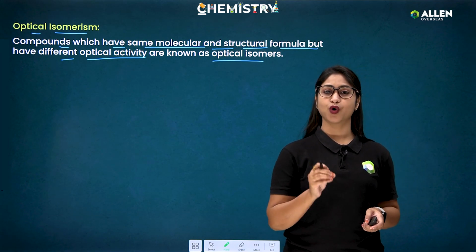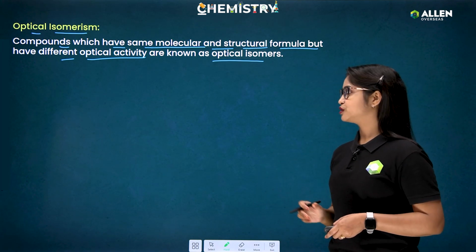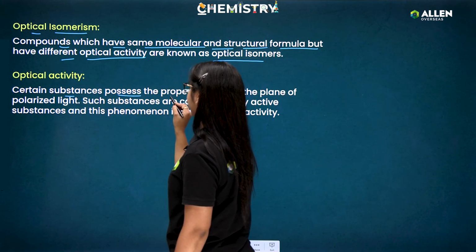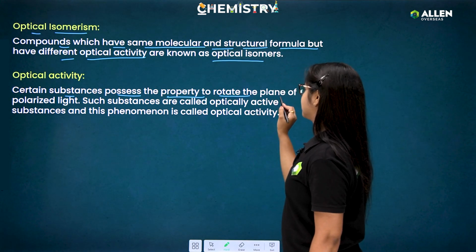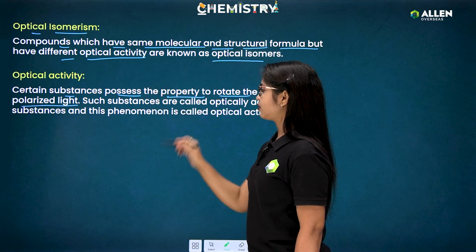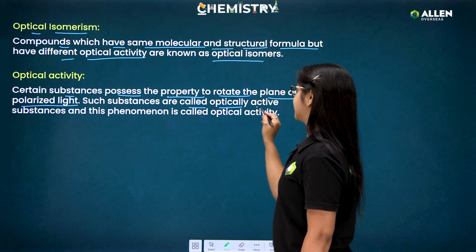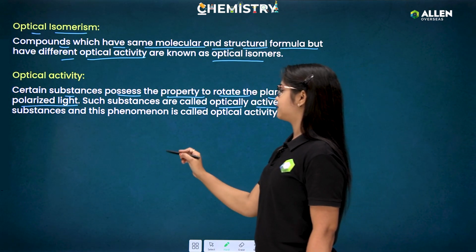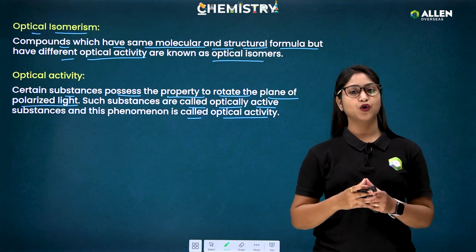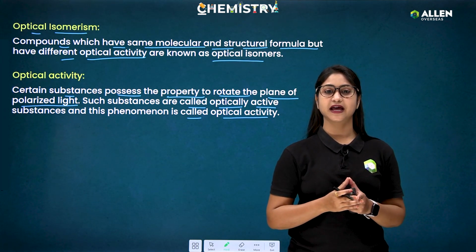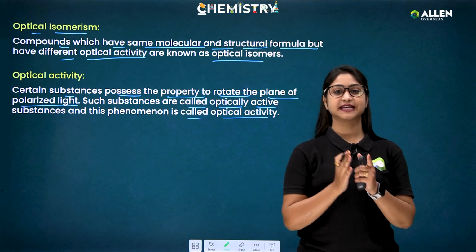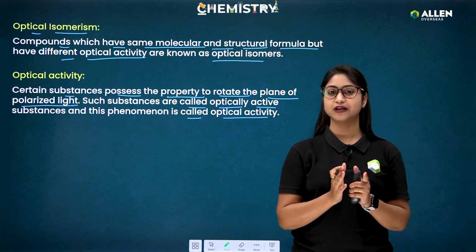Now the question is, what is optical activity? Certain substances possess the property to rotate the plane of polarized light. Such substances are called optically active substances, and this phenomenon is called optical activity. Plane polarized light is light in which the waves vibrate in one plane only.